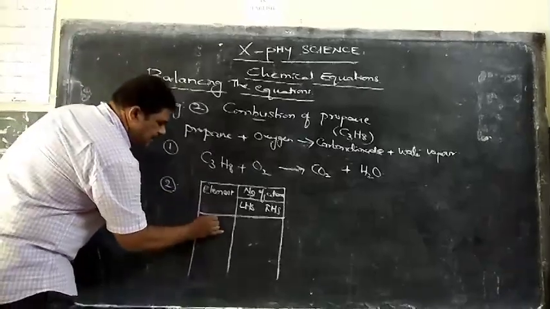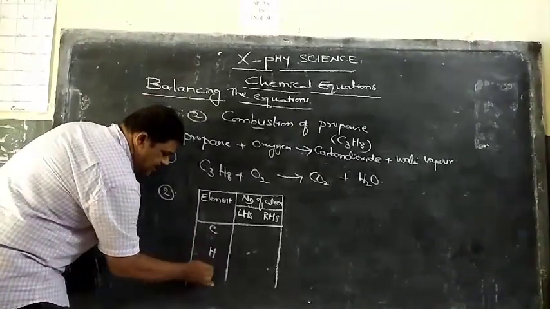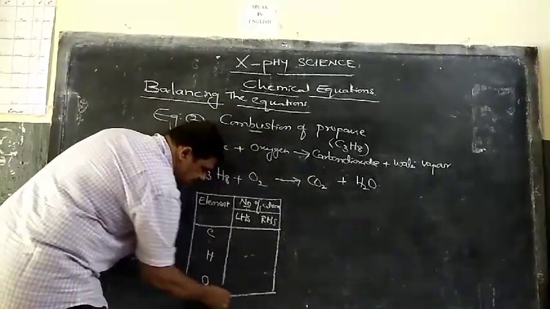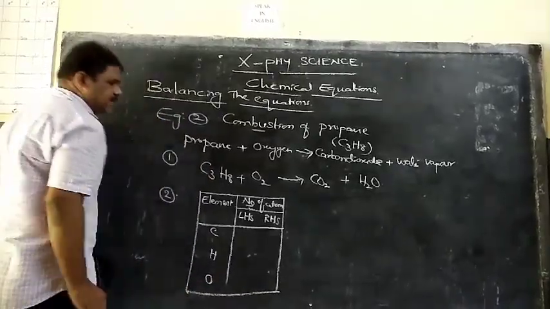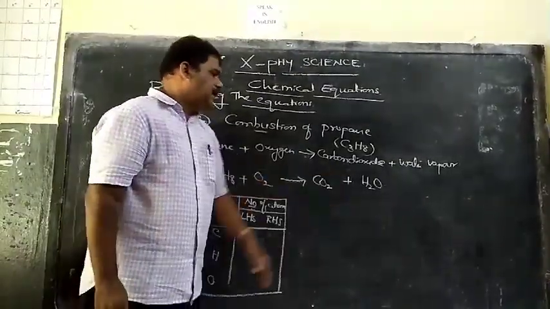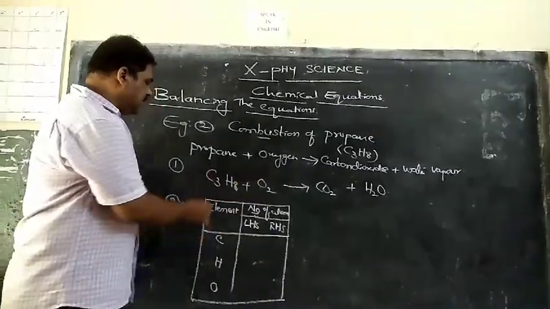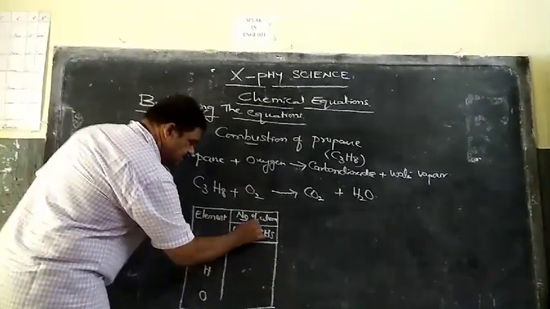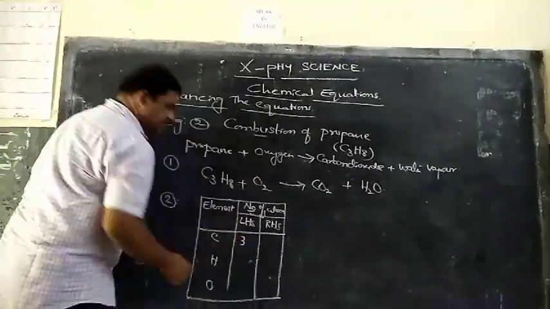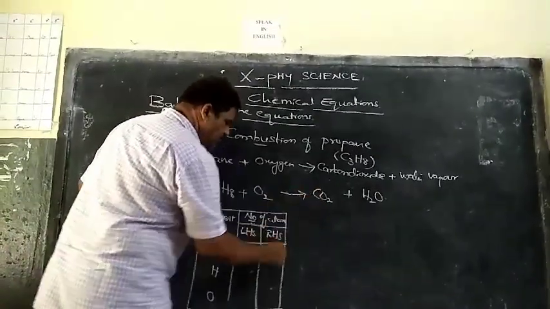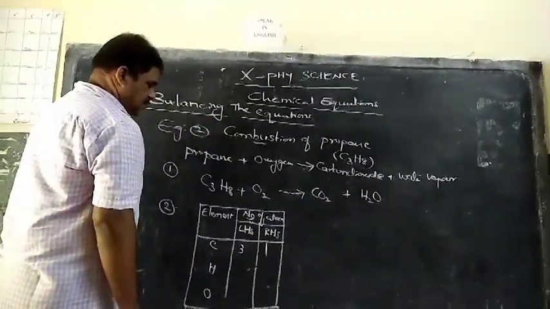Here carbon is there, hydrogen is there, oxygen is there, 3 elements are there in this chemical equation. Let us see how many carbon atoms are there on the left side. There are 3 carbon atoms on left side. Right side there is only 1 carbon atom.